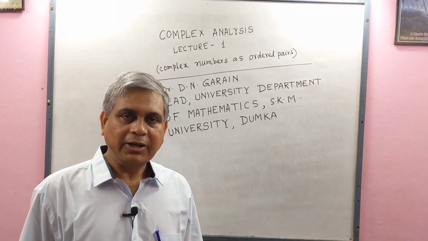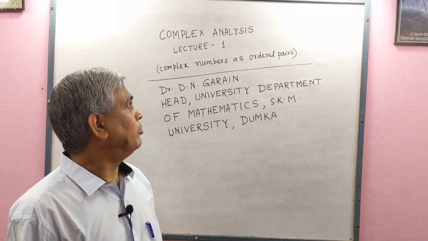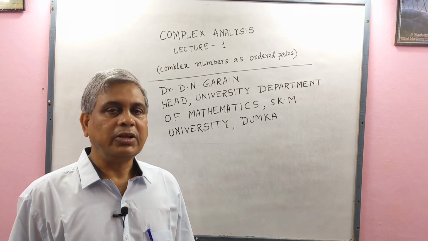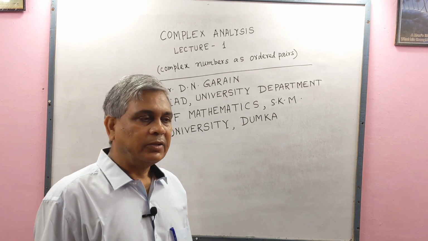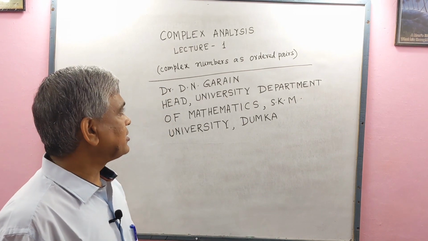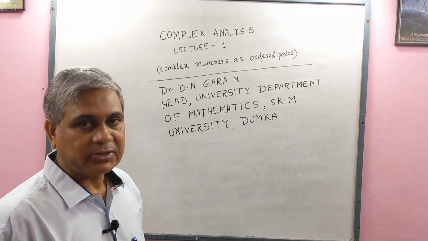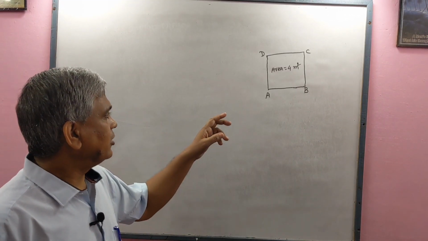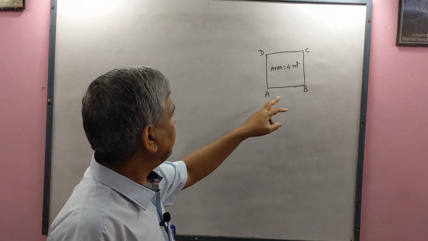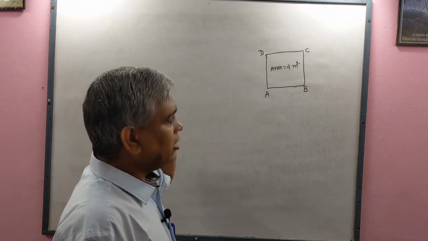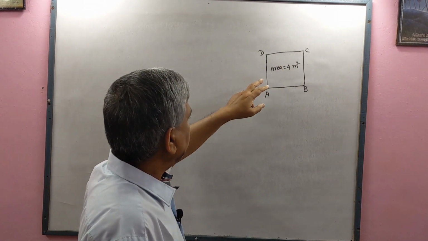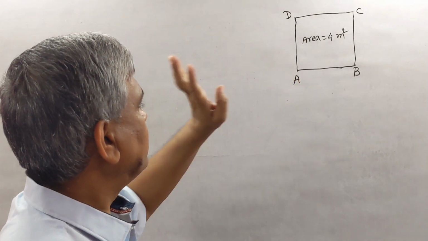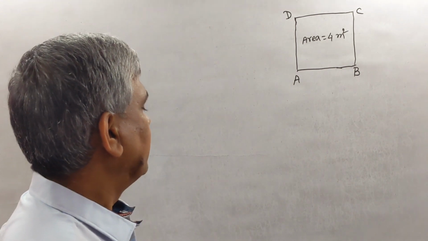Today I will deliver lecture on complex analysis, lecture number 1, which will include the concept of complex number as ordered pairs. Let we have a square ABCD in which the area of this square is 4 meter square.